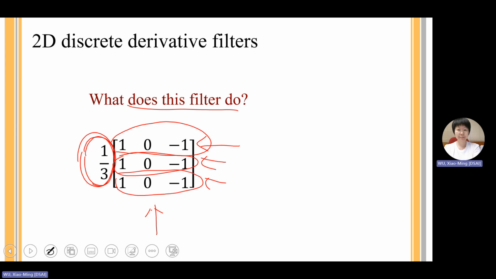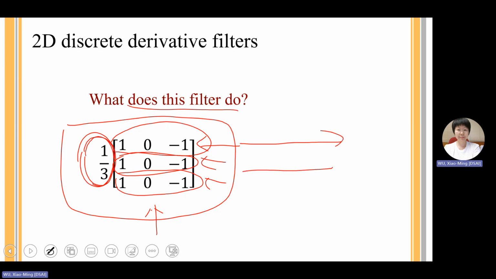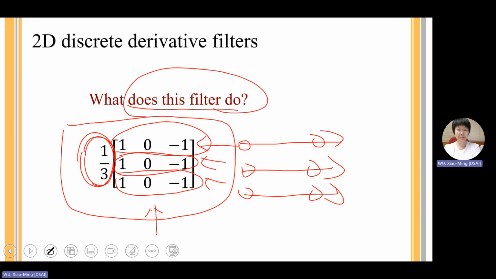So clearly, this filter is responsible for comparing the horizontal differences of 2 pixels. Okay, so can you imagine this filter can be used for identifying what kind of edge?